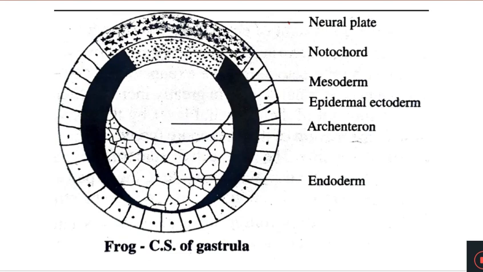This is the outer layer which consists of the neural ectoderm on the mid-dorsal line and the remaining part occupied by the epidermal ectoderm. Now the inner layer consists of the notochord as well as the mesoderm. The notochord on the dorsal side and the mesoderm on the lateral side, and the endoderm.